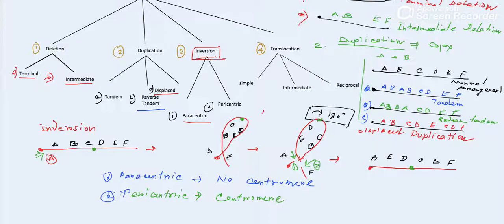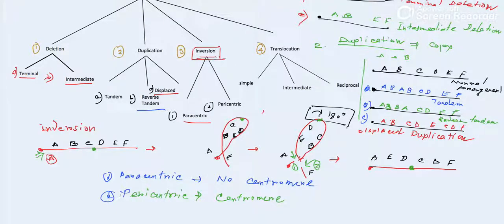After this breakage, the loop part is completely twisted by 180 degrees, and after the twisting the chromosomal part remains attached as usual, but the gene arrangement completely changes. This type of structural chromosomal change is known as inversion.